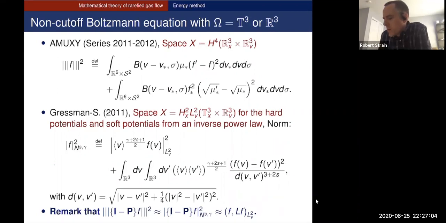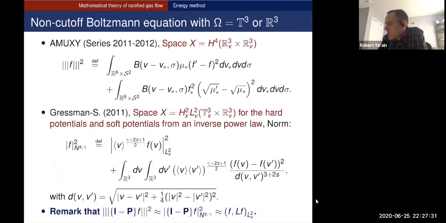And so I remarked that the Dirichlet form <L f, f> is equivalent to both of these norms when you remove the null space P. And so these norms are equivalent, but they also have very different representations, and these were two very different proofs of these results.